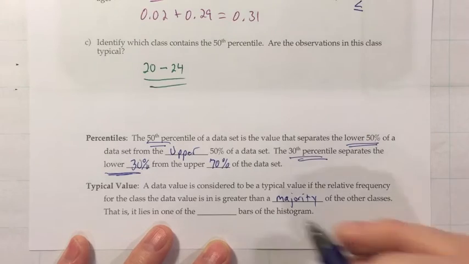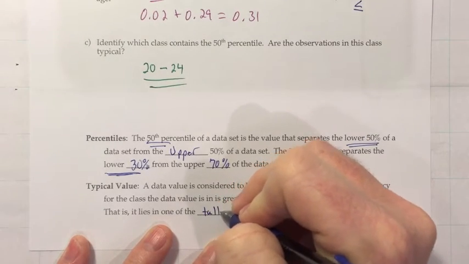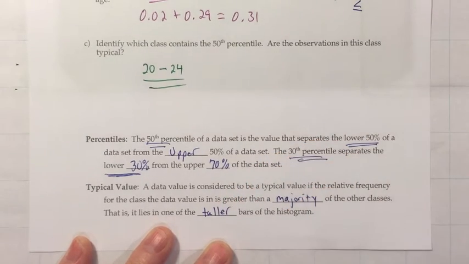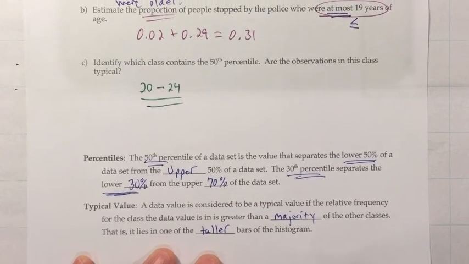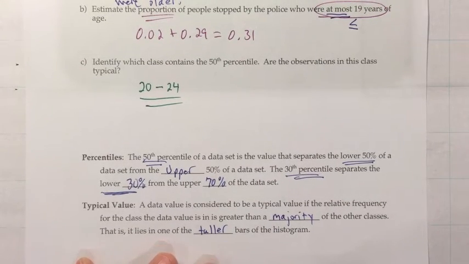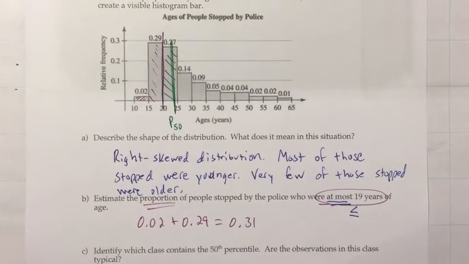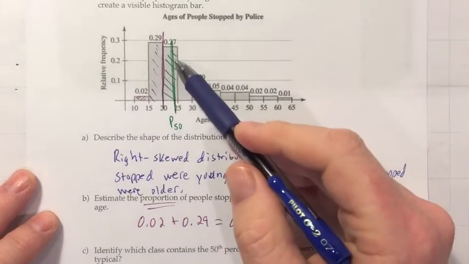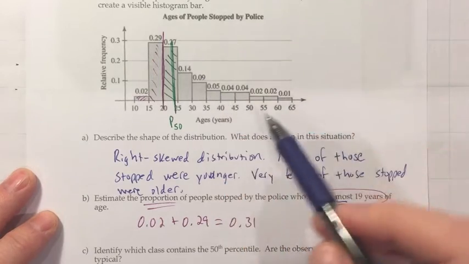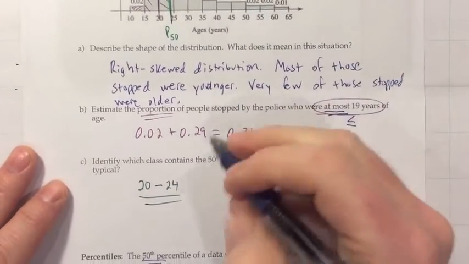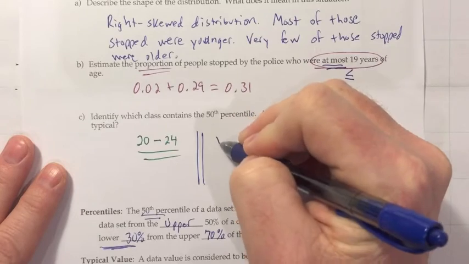That is, it lies in one of the taller bars on the histogram. So then they just want to know, is that class where we found our 50th percentile typical? So we just want to know, is that one of the taller bars? And when we go look at that, it wasn't the tallest bar, but it was the second tallest bar out of a whole bunch. So I would say that yes, it is typical.